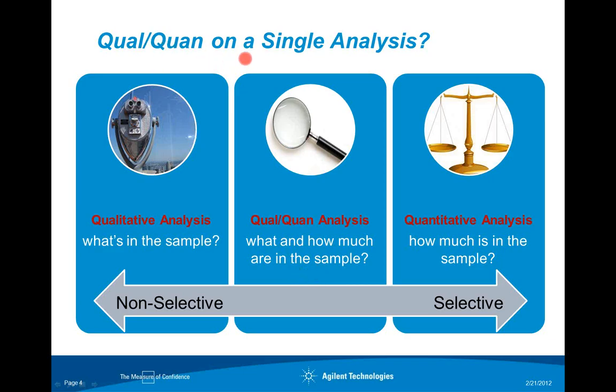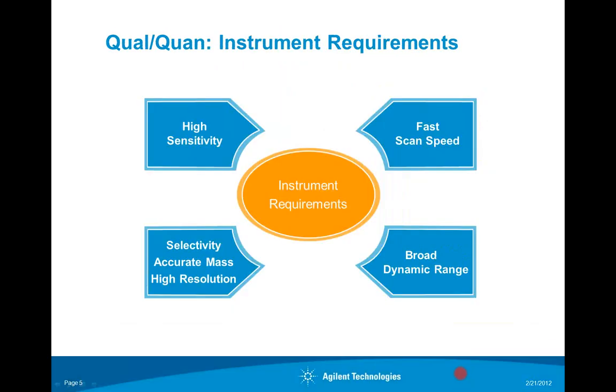Now the question is: is Qual/Quan in a single analysis feasible? What is the instrument requirement? In order to accommodate qualitative analysis and quantitative analysis in a single experiment without loss of data quality, the mass spectrometer has to offer high sensitivity, equivalent to triple-quadrupole-like performance for the quantitation.